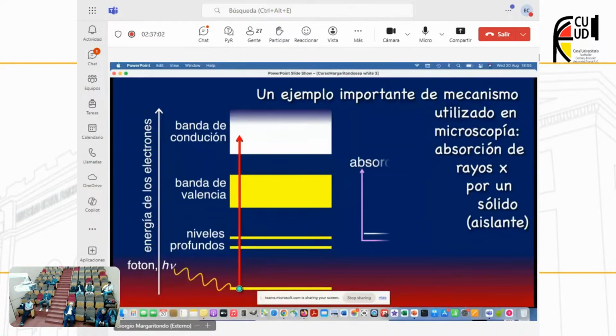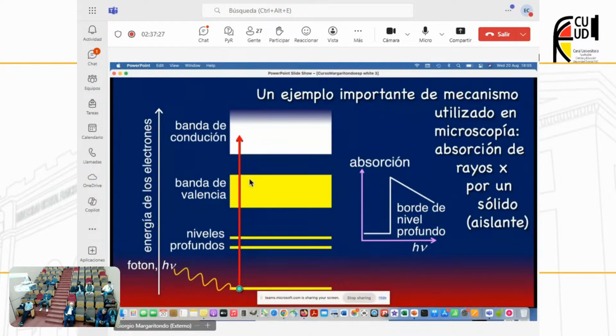Well, if you're looking, for example, at the absorption as a function of the photon energy here, you realize that there is no absorption until the energy of the photon is sufficient to bring this electron to at least the bottom of the conduction band.